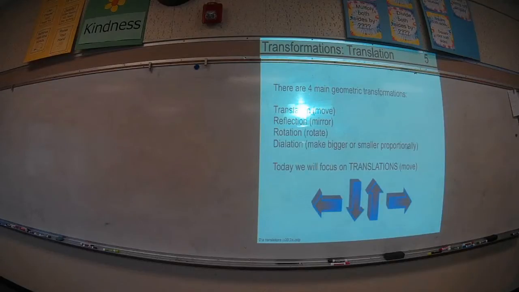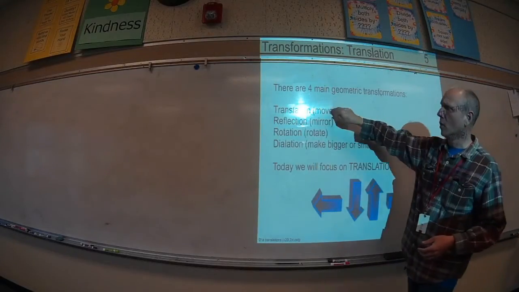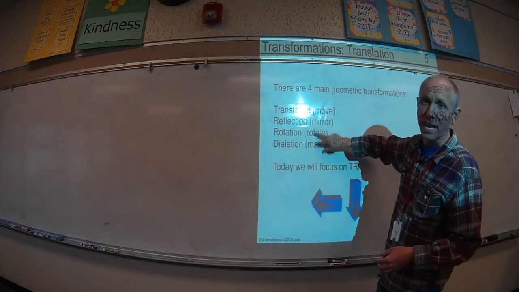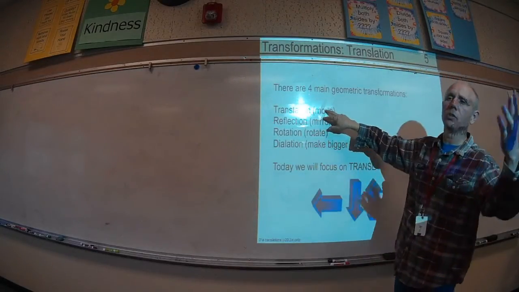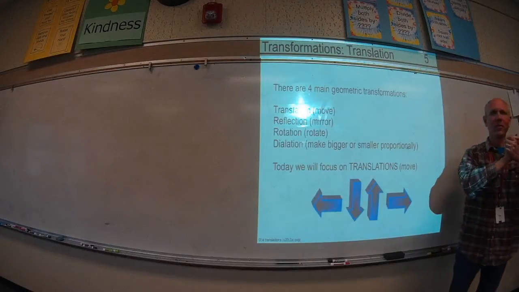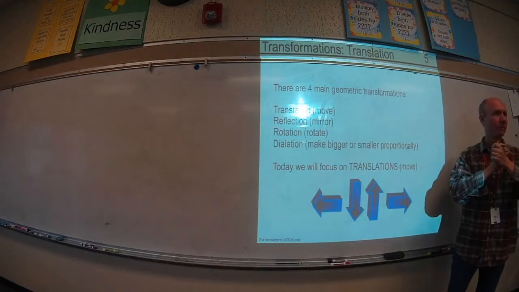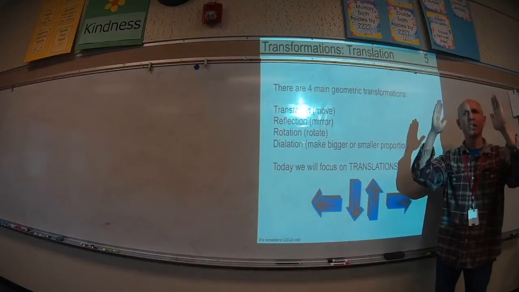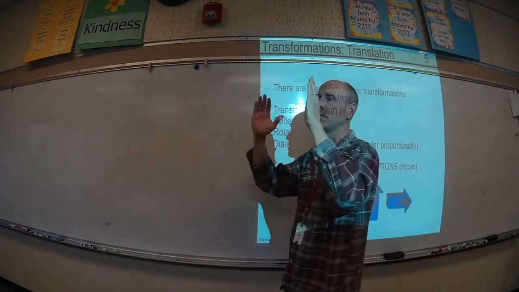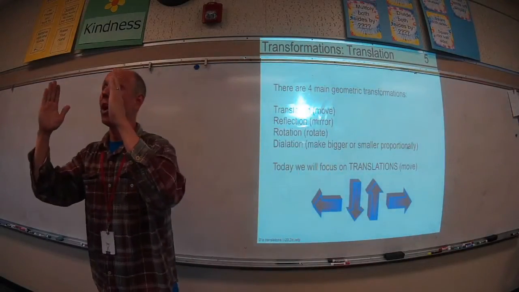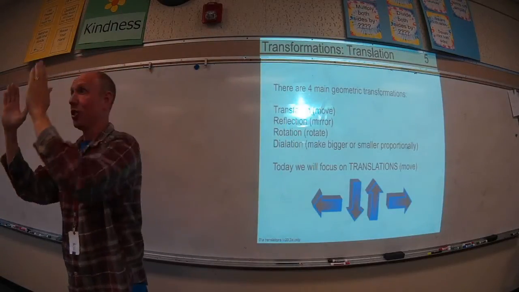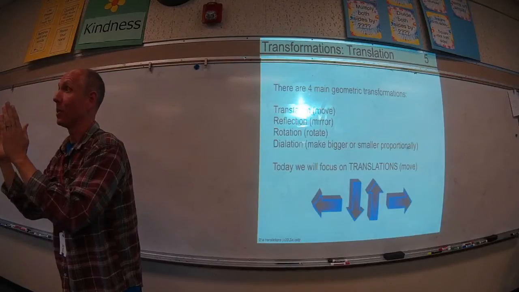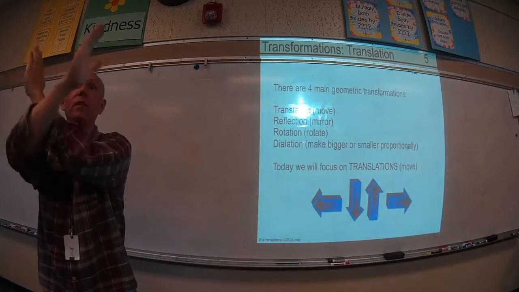Before we get too crazy, we're going to do a little dance. We're going to do the entire dance and the song, even though we're only going to learn about 2 of the pieces today. So stand up. Put your arms like this. We're going to go slowly, but we're going to be doing this a couple times. Translation, translation. See how we just moved our hands? Okay. Next one.